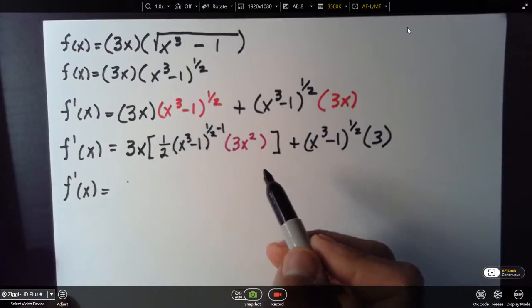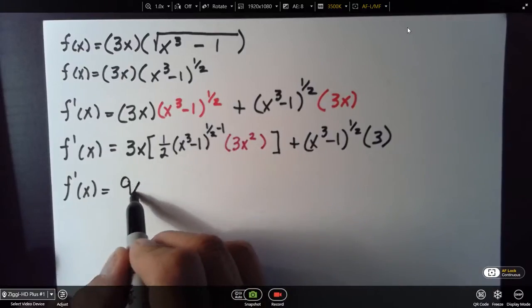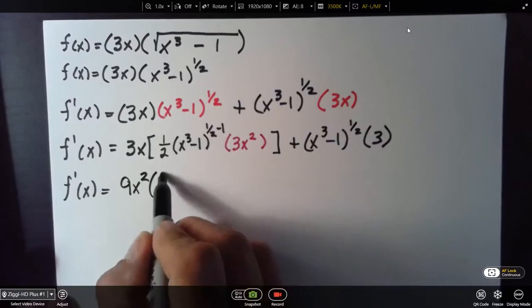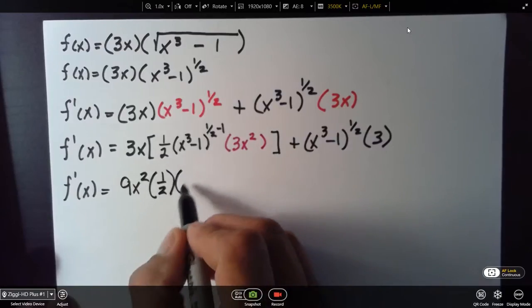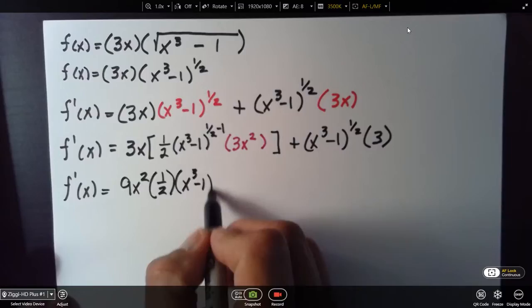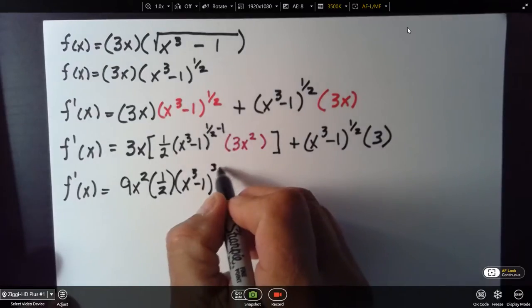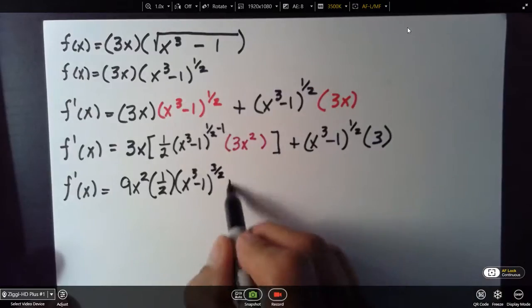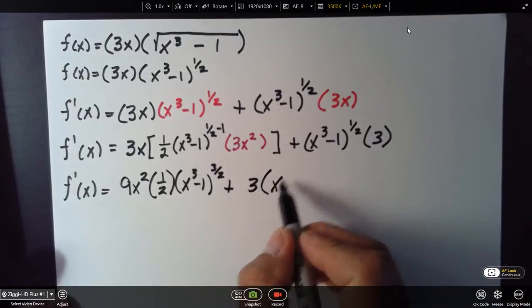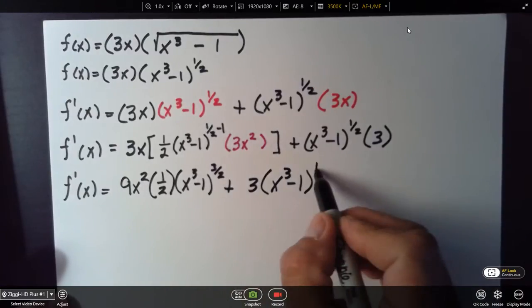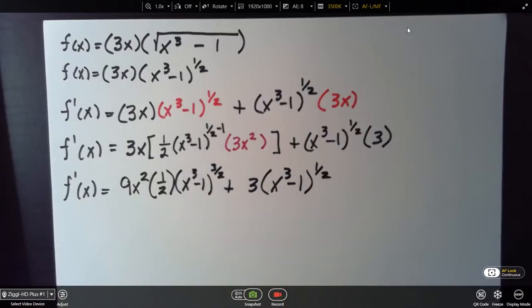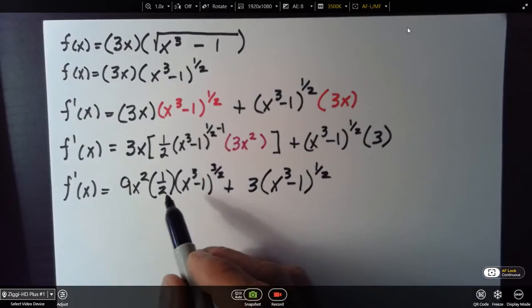So that'd be 9x squared times 1/2 times (x cubed minus 1), and that's 1/2 minus 2/2, and then plus 3 times (x to the third minus 1) to the 1/2 power.